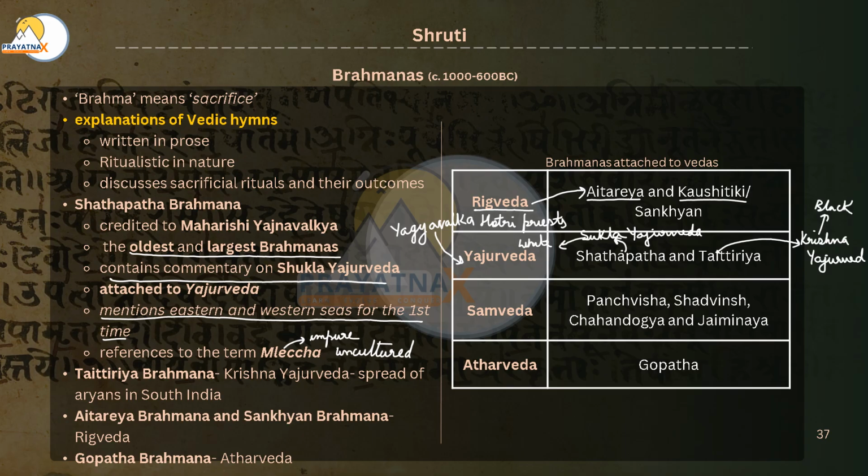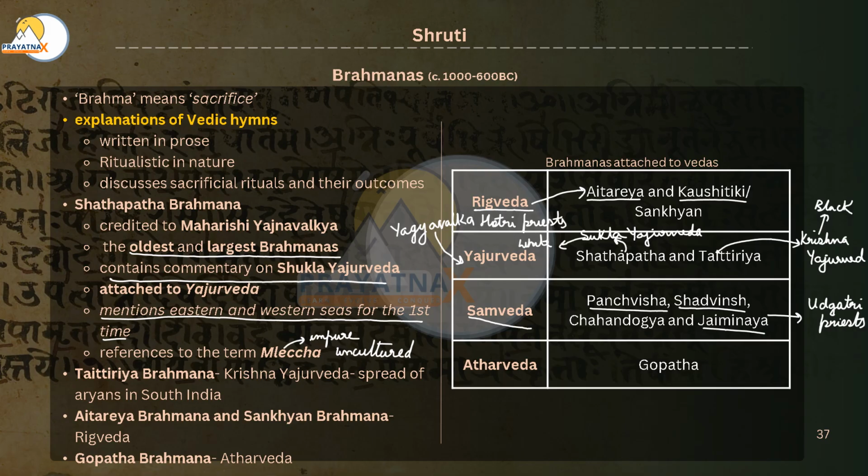Now moving on, the Samaveda has three Brahmanas associated to it. It's the Jaiminiya Brahmana, the Shadvinsh Brahmana, and the Panchvisha Brahmana. Now these were composed by Udgatri priests.